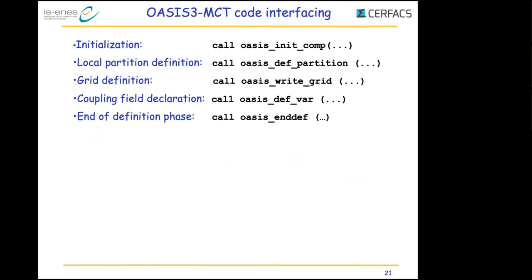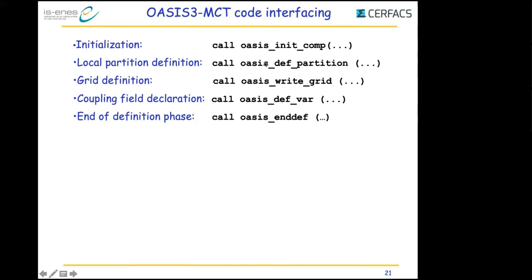So just to give you a flavor of what it means, by understanding this, you can really understand what this coupler approach means. The idea is that you keep your code as it is, and you just have to implement some calls to do the coupling in your code. So you first have some initialization call, OASIS init comp, and then this is a very important one, the local partition definition.